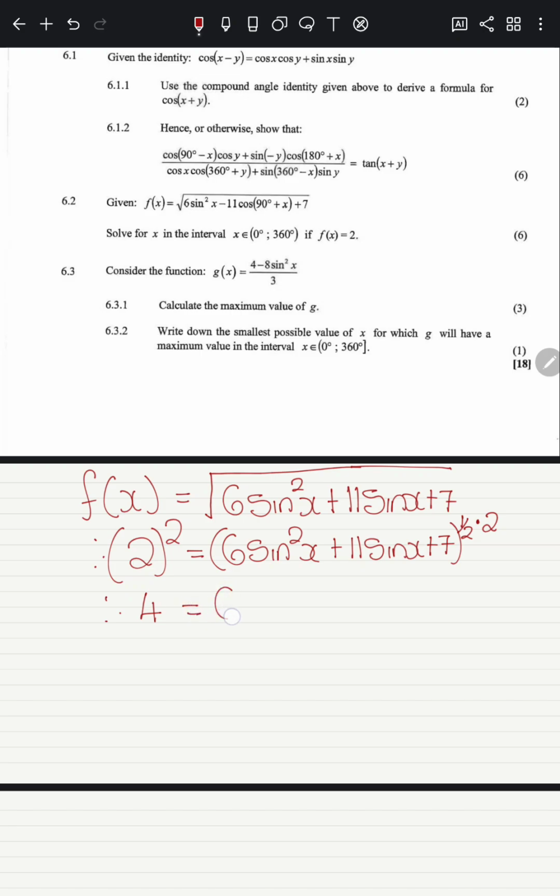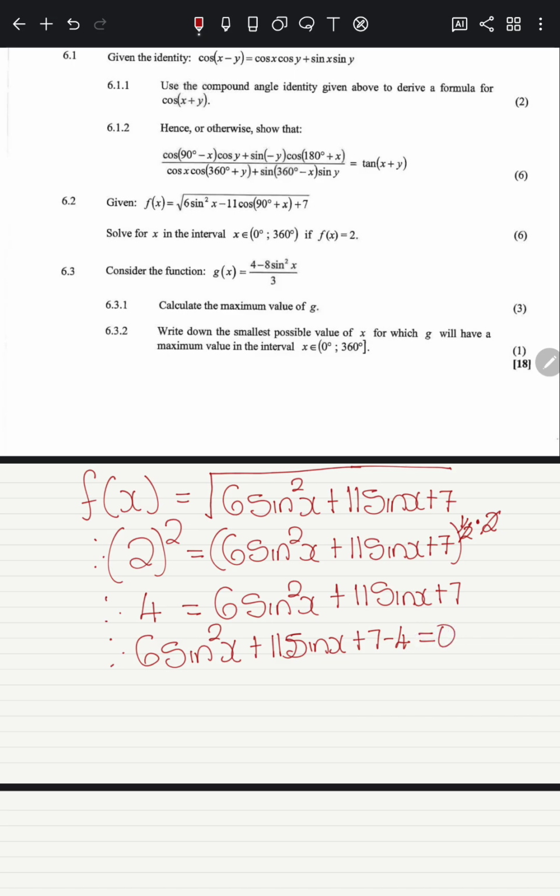Then it should be 6 sine squared x plus 11 sine x plus 7, because the 2 and the half will cancel. Therefore, now I'm going to take 4 to the other side. So it's going to be 6 sine squared x plus 11 sine x plus 7 minus 4, which is equal to 0.